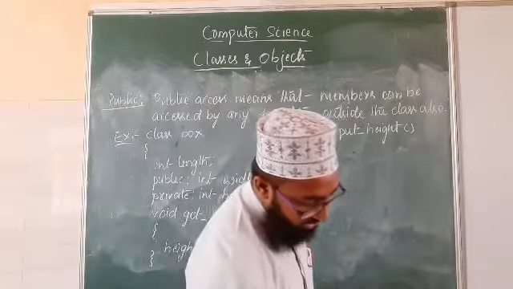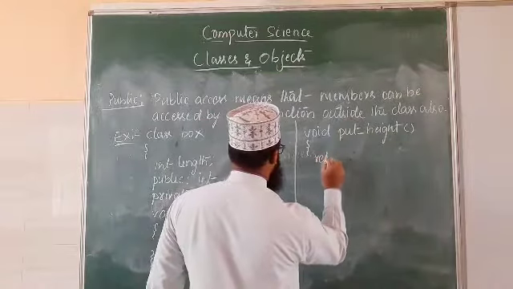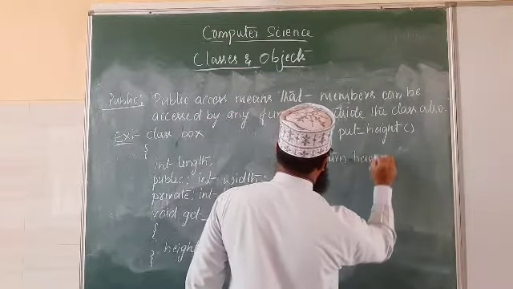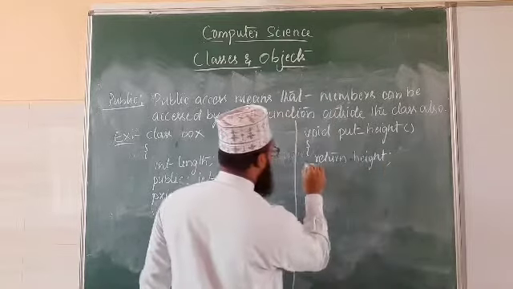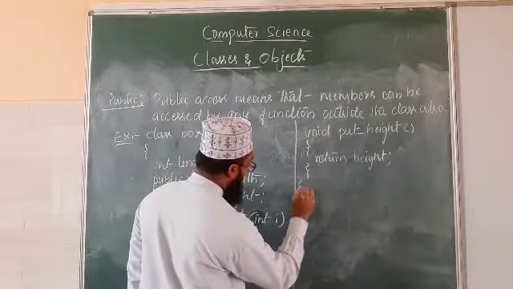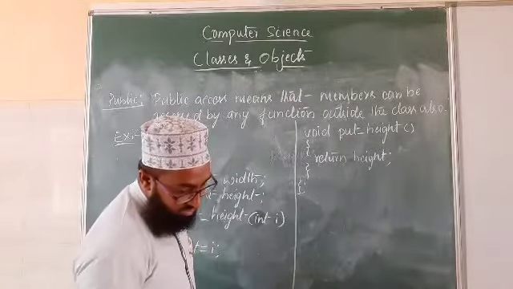Under this function we will write one more thing, that is return height, and nothing else, close here. Then here the class is going to be closed. Now the main function will start.